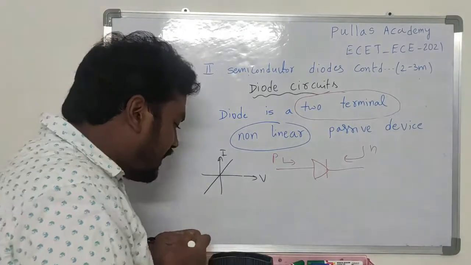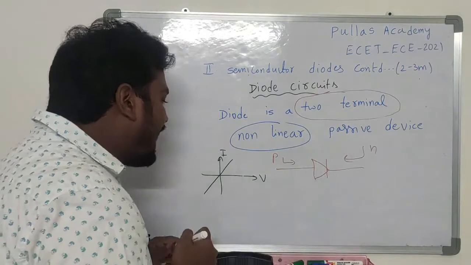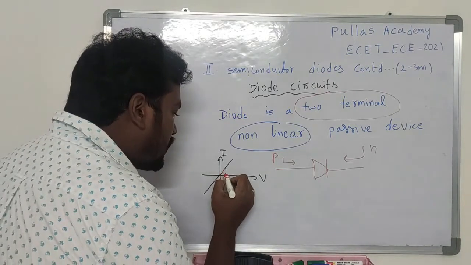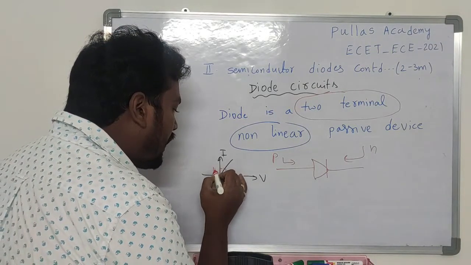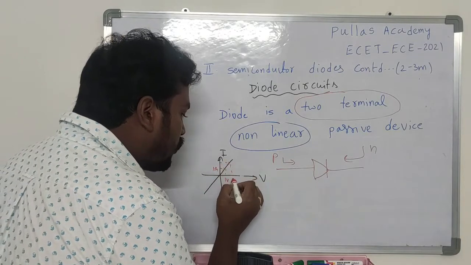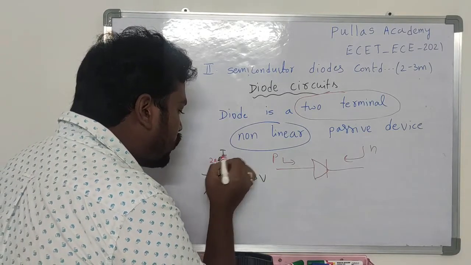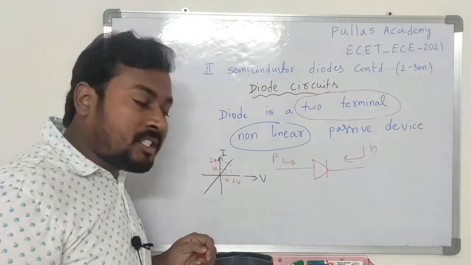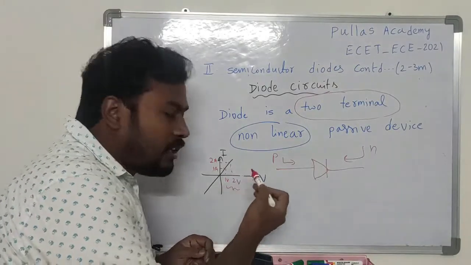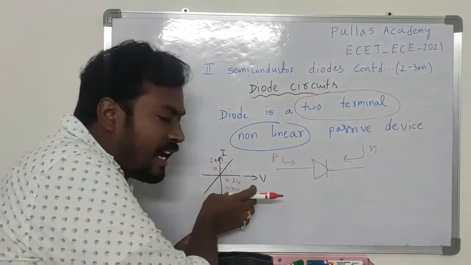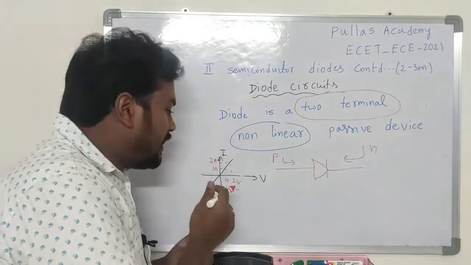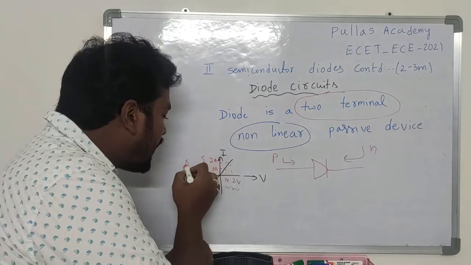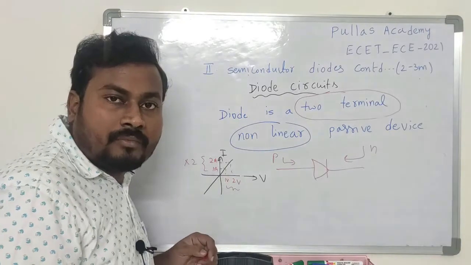What does it mean? Suppose at 1 volt you have 1 ampere, and at 2 volts you have 2 amperes. That means if you double the input signal, at the output side you also get double.